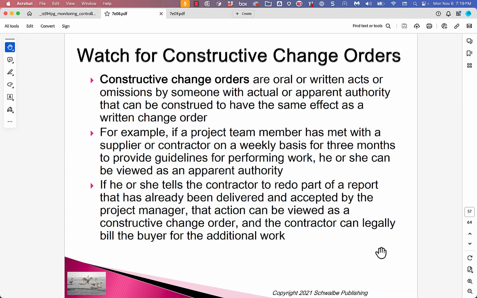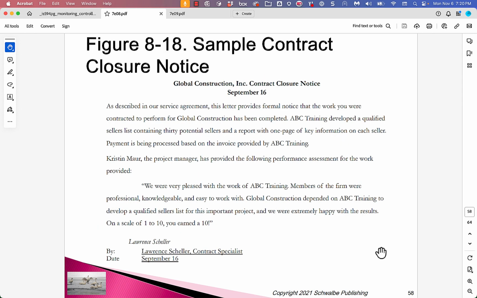So you have to be really sure that you and the people who work with you don't accidentally change the deal that you have with some other party when you're not intending to. Here's a document from one of the sample projects of closing out a contract.